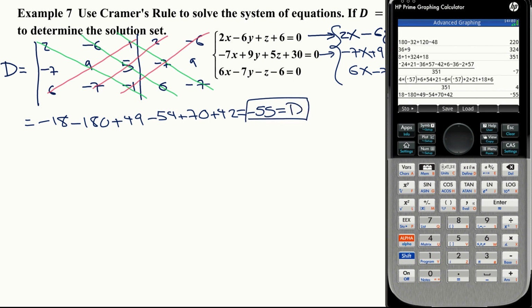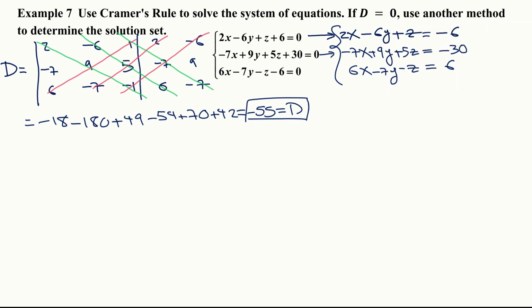All right, so now we're ready to go ahead and proceed. So for X, we know that the top determinant is going to replace the coefficient for X with these, -6, -36.